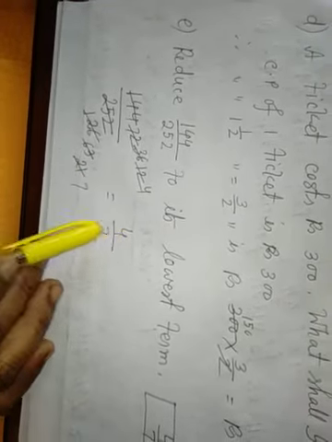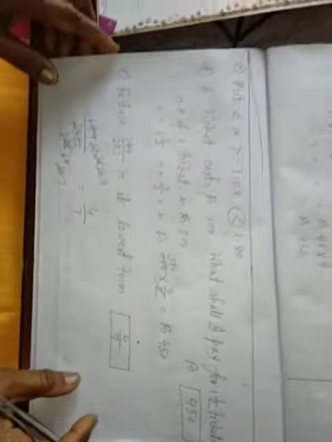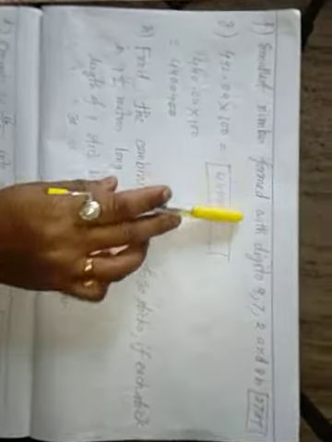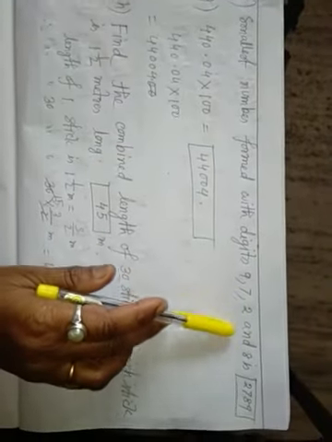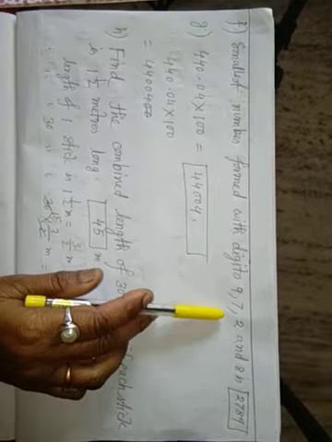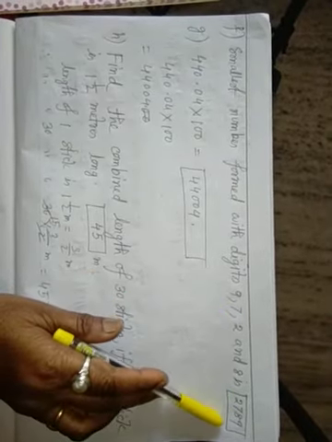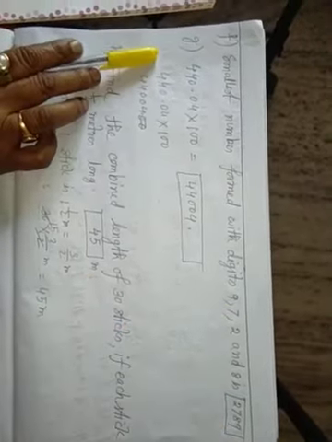So lowest form 4/7. Okay. F, smallest number formed with digits 9, 7, 2 and 8 is 2789. Okay.